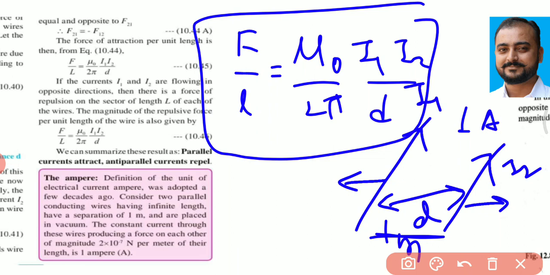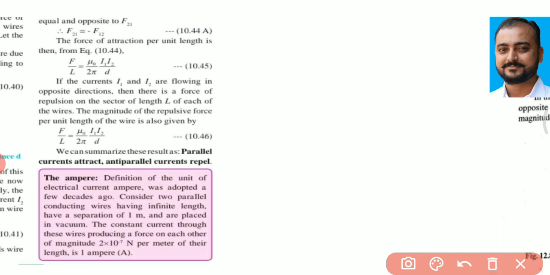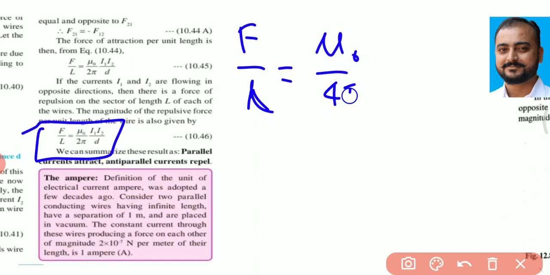Then by substituting the values in the formula we just wrote, F upon L is equal to mu 0 upon 2 pi.